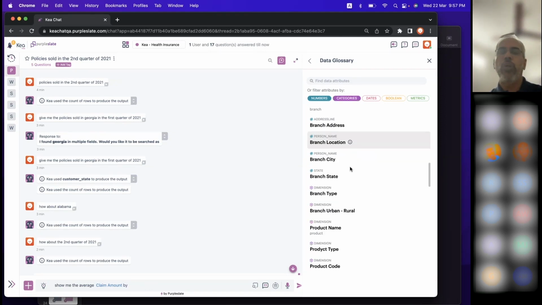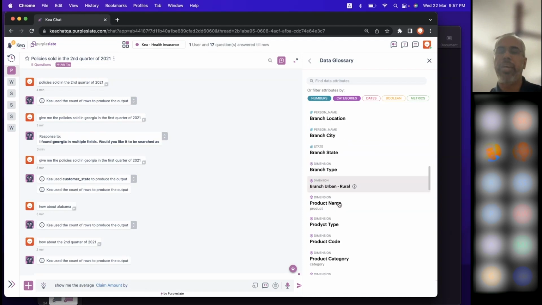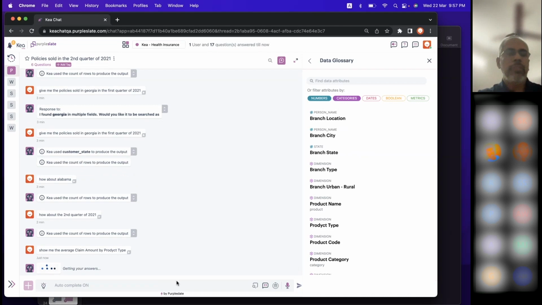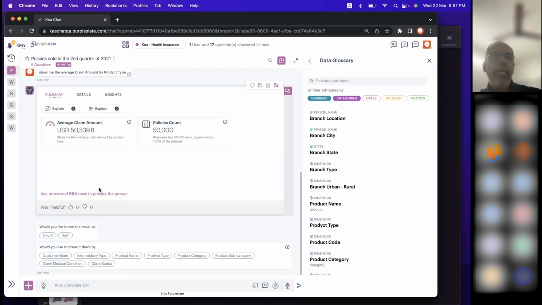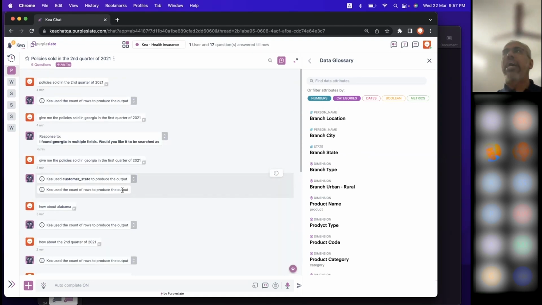And say, I just want to look at it across a particular product type. Okay, so now it's just going to give me the answer for this particular one. I think that's the whole idea behind having a conversational interface, when you really try to ask these questions on the data in simple English constructs.